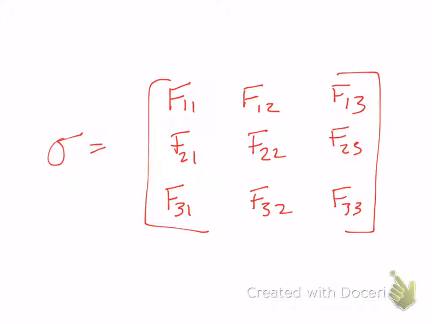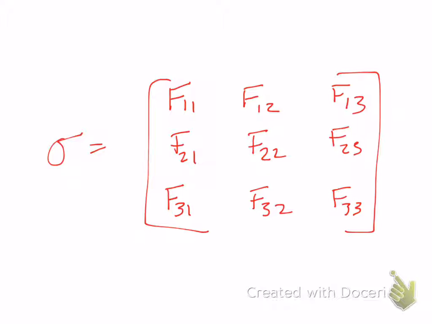So this force is being applied in the one direction on the surface area of our box that also has the normal in the one direction. This is what I always forget, because it ends up kind of not mattering in the end. But I do like to make sure it's right.